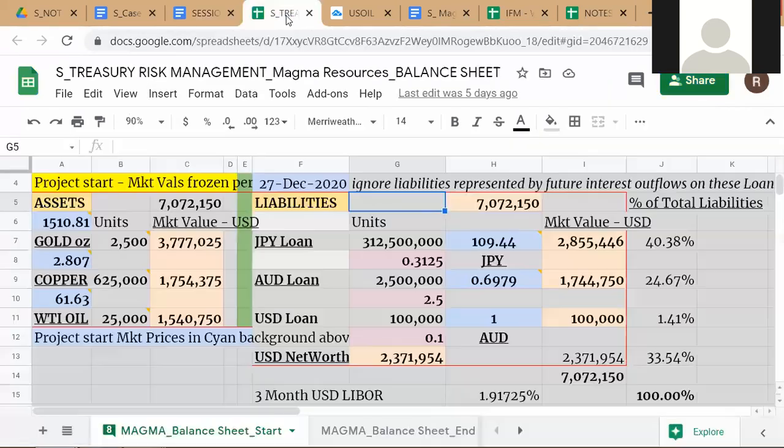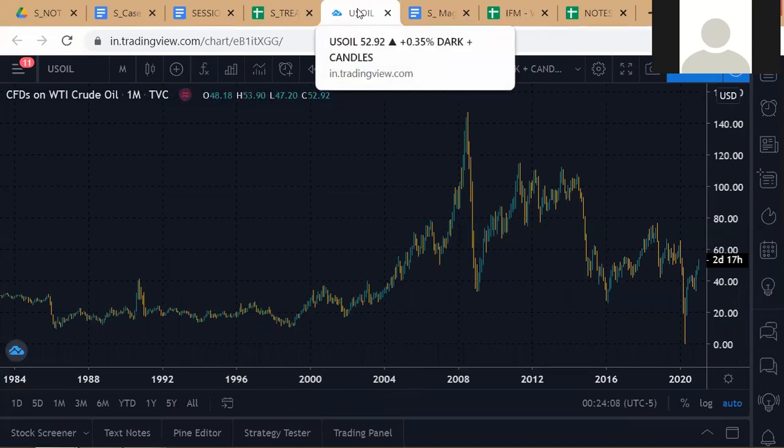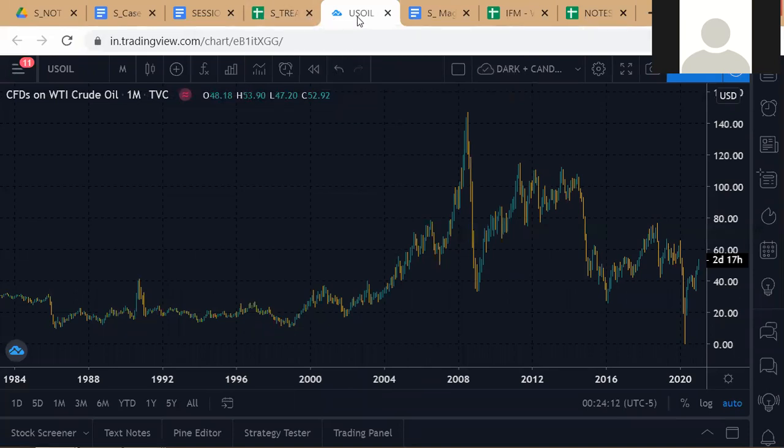Okay, so basically what will happen here is the current price is like this. Whatever the oil price is, okay, 52.92. That is of course lower than this 61, whatever, but anyway, it doesn't matter. I can still decide to hedge at 53 because I may feel that it is going to drop.